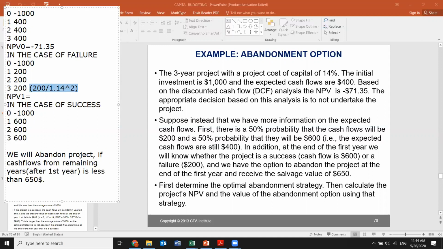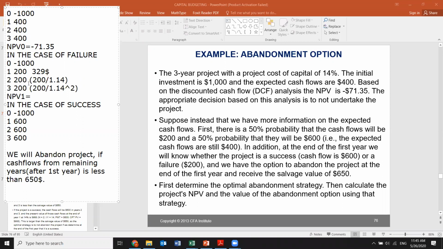Same thing with this $200. So in total, you should add these two numbers. The summation of the present value of future cash flows in the case of failure, how much it makes. If you calculate, you will find out it equals $329. That's what we find.